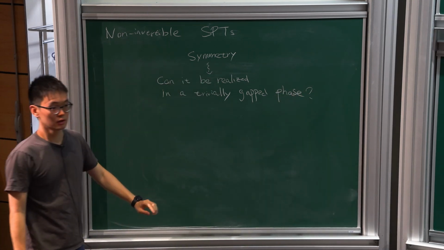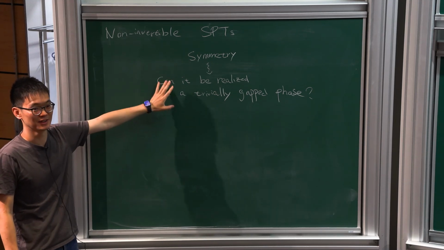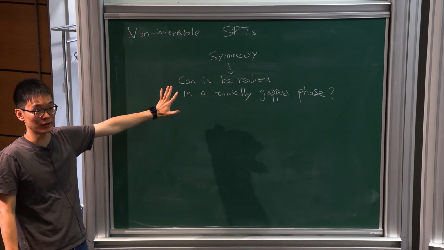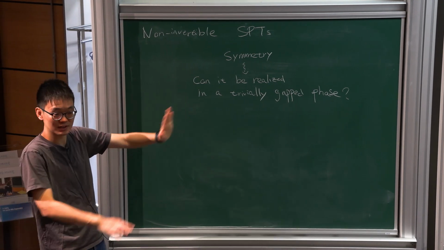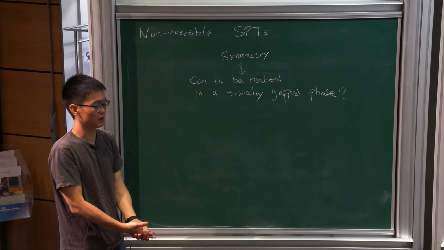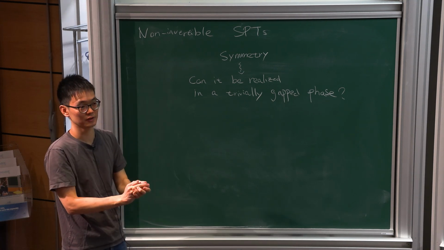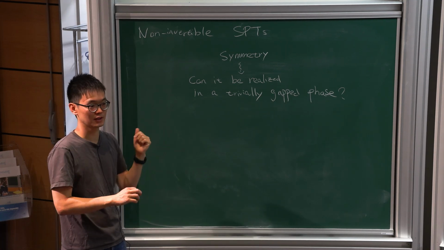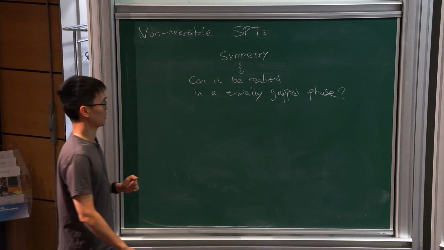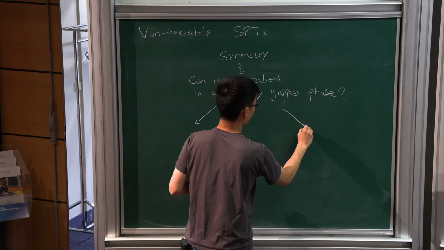Okay, so that's a well-defined question. It might be a hard question, and I don't have a systematic way to answer it. For some classes of symmetries, I have some techniques via gauging or via some other kind of argument. Generally, I don't. But it's a well-posed question. You can try to prove it one way or another.